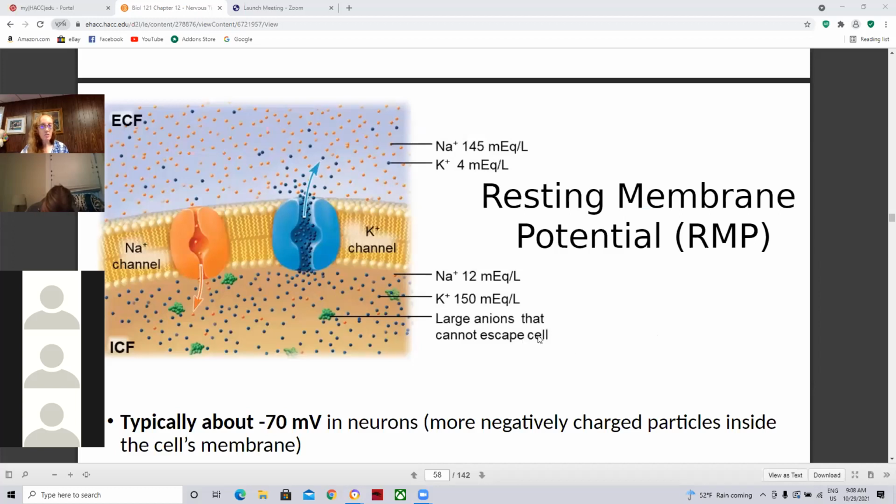In neurons, the typical resting membrane potential is about minus 70 millivolts, with a lot more negative charges on the inside of the cell versus the outside of the cell.